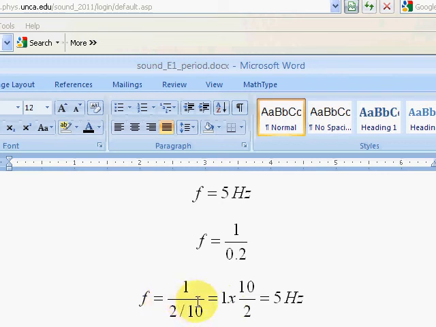You change the division to the multiplication, and then you invert the fraction. 2 over 10 becomes 10 over 2. So keep the numerator, change the division to multiplication, and then invert the fraction. Keep, change, invert. And then 2 into 10 is 5. 5 hertz. We have the answer.